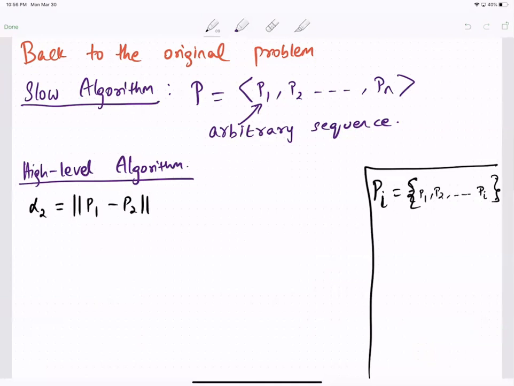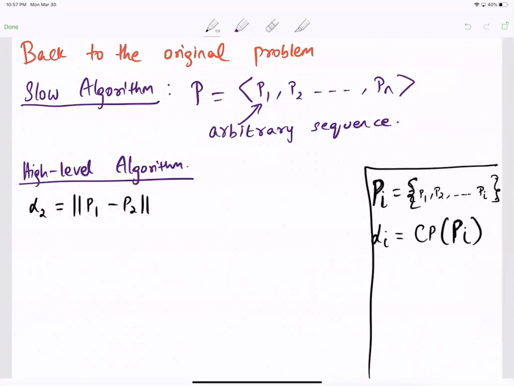This is really capital Pi, which is basically the first i points in the sequence. And alpha i will be the closest pair distance of capital Pi.